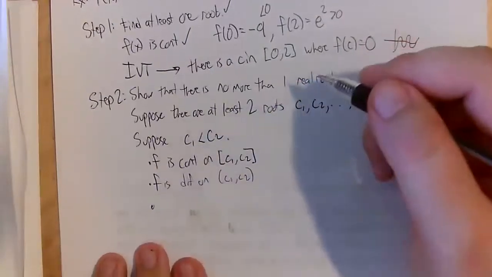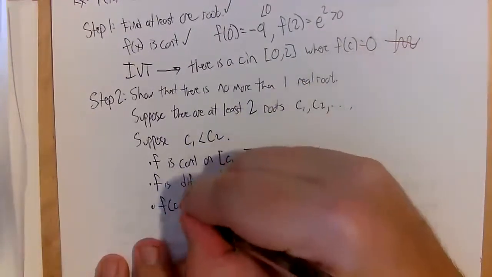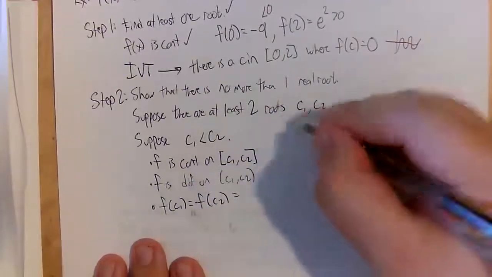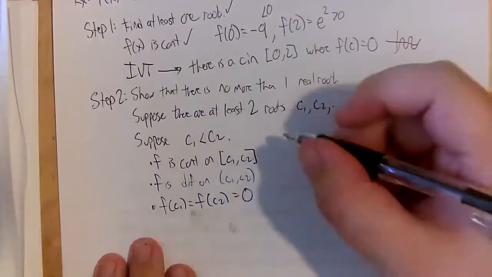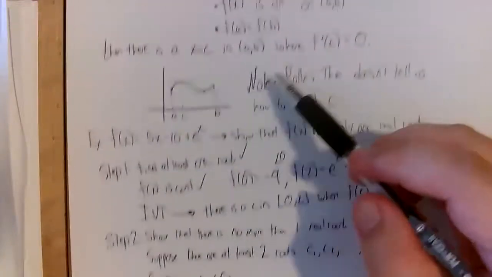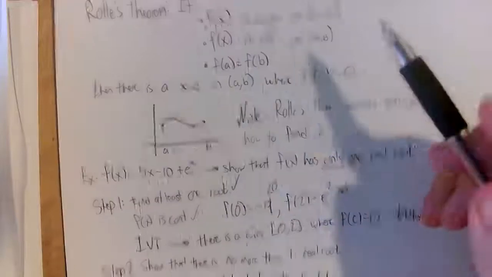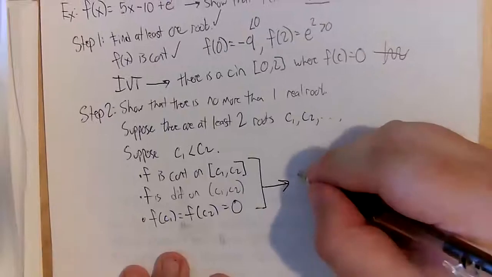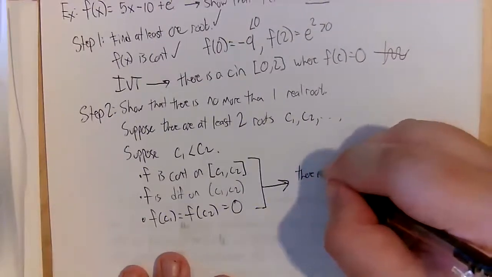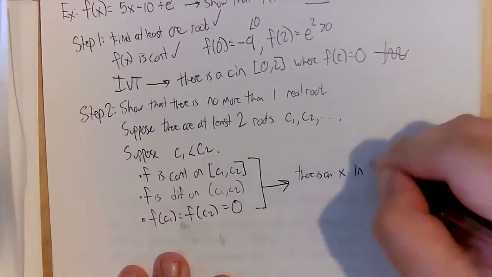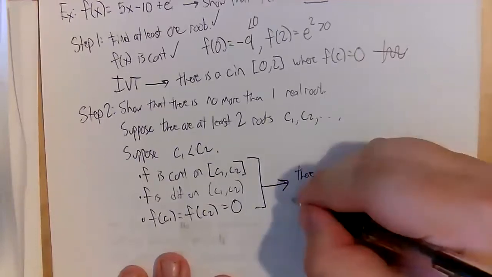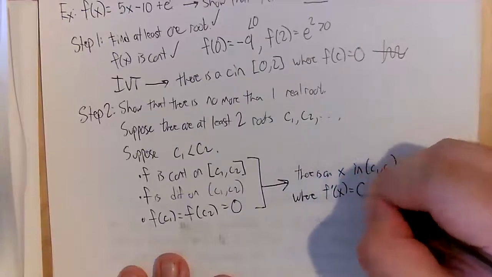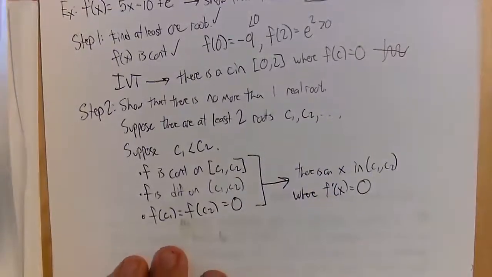And then finally, we know that f of C1 equals f of C2. And why do we know that? Well, because they're both roots, so they both make the function be 0. So with these 3 facts, we satisfied the prerequisites for using Rolle's theorem. So what does this tell us? There is an x in the interval C1, C2, where f prime of this x value is going to be 0.